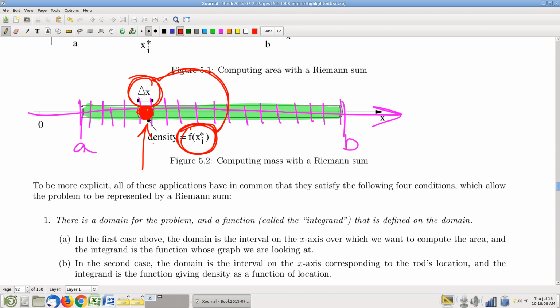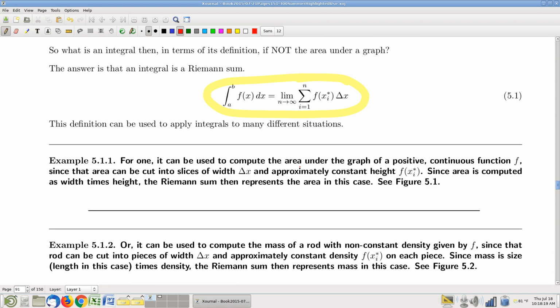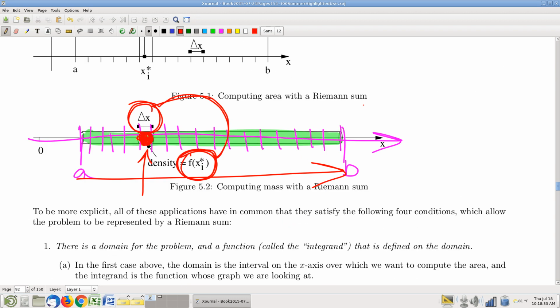So f of xi times delta x gives me a little piece of mass, and then I add up over the whole rod. And notice that's this Riemann sum, f of xi times delta x, and then you add up over the whole rod. You take a limit to make the round off errors go away. Okay, so the way we compute the mass of a rod here is through a Riemann sum.